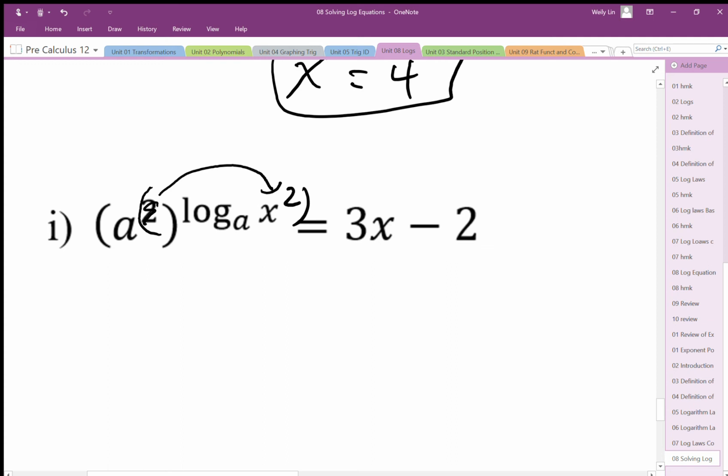So then if that's true, I have an identity. Base A, log base A. This actually works out to be just x squared as an identity on the left-hand side. And then the right-hand side just stays the same. And then I can just make it equal to 0 and solve for x as a quadratic.